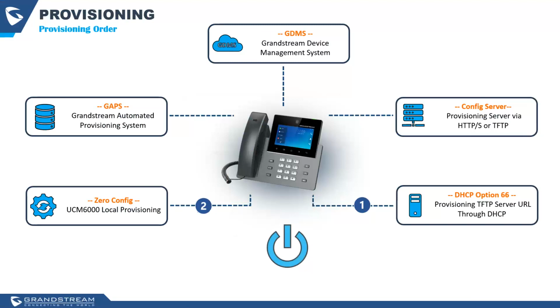So when using a specific device, zero config that you would like to reset to default, first make sure you delete the device from zero config before you initiate factory reset on the phone. Otherwise, zero config will keep provisioning the device every time it boots up in the same network, even if you press reset.